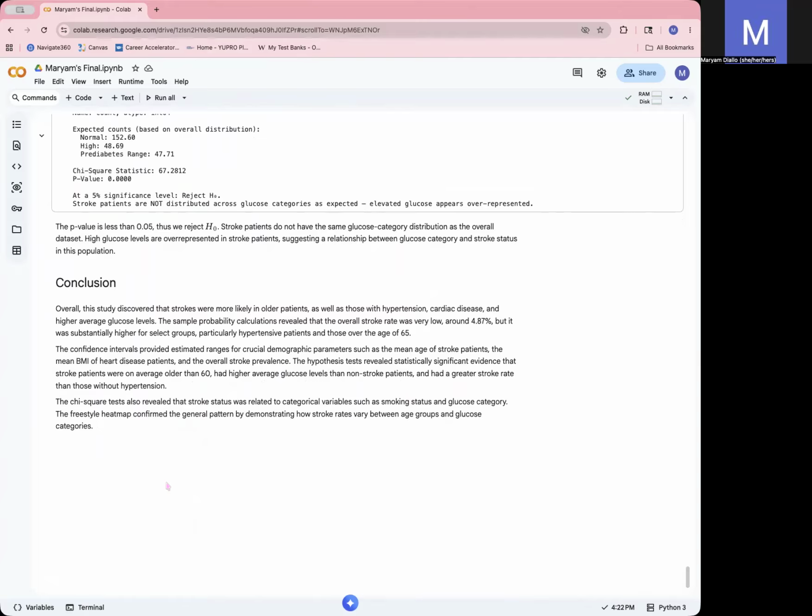The hypothesis testing confirmed the differences between the groups, and the chi-square testing showed a meaningful association between stroke status and both smoking behavior and glucose. Yeah, that's all.